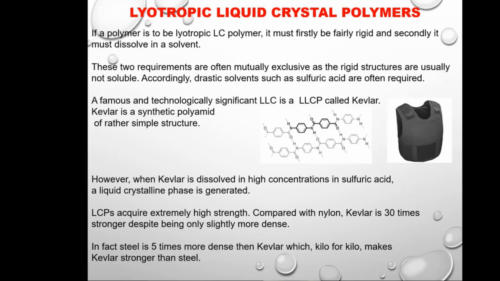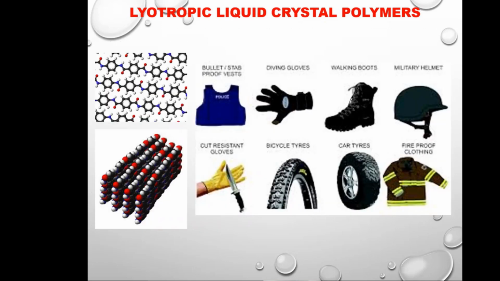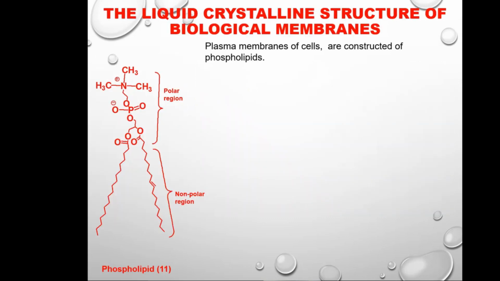The Kevlar is not flowing over the body of the police, for example. Other materials, for example, the bulletproof vest, but also diving gloves, walking boots, fireproof clothing, and other materials are also known to have the ability of self-organizing lyotropic liquid crystals.